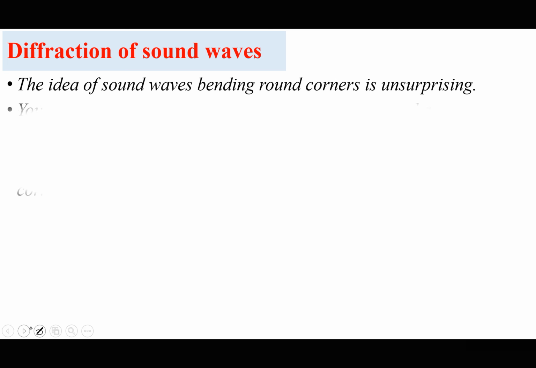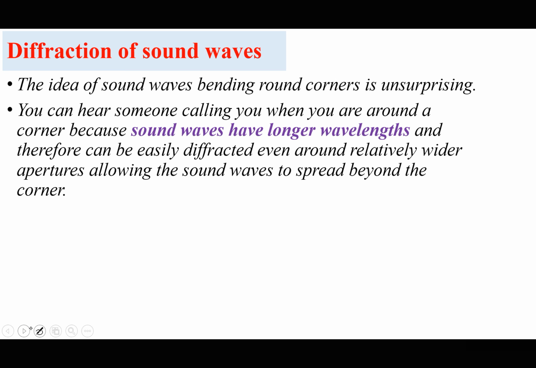Of course, you can hear someone calling you when you are around a corner, because sound waves have longer wavelengths and therefore can be easily diffracted even around relatively wide apertures, allowing the sound waves to spread beyond the corner.